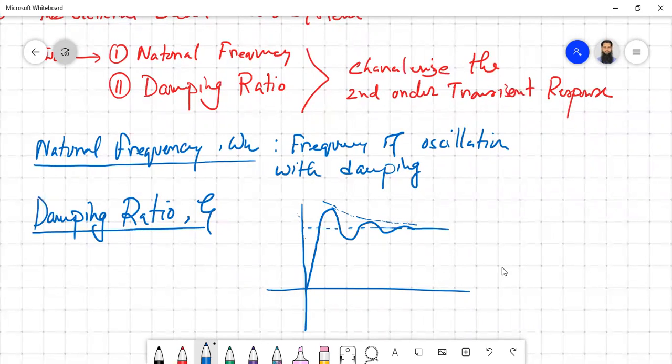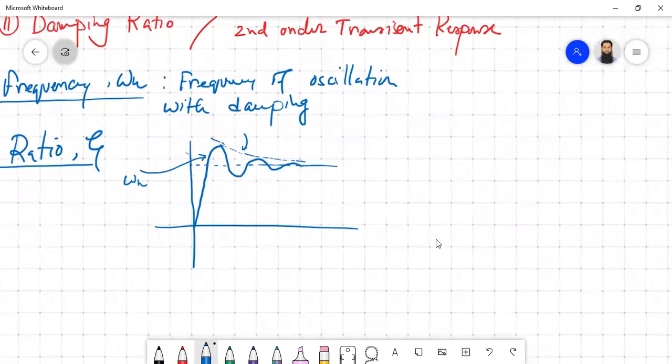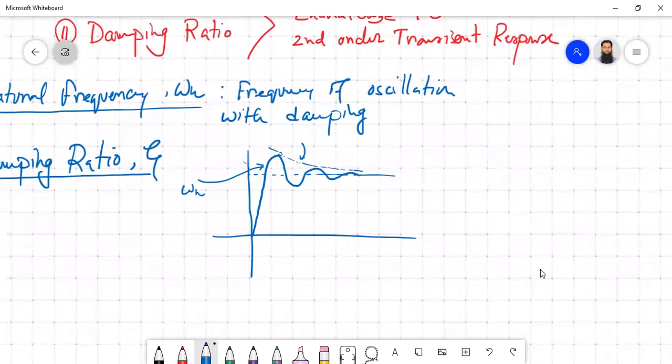And also you have a natural frequency of this oscillation if there was no damping. So omega n is your natural frequency and the exponential decay is also there. So your zeta is actually a relation between them.